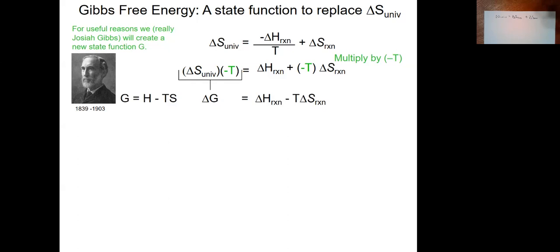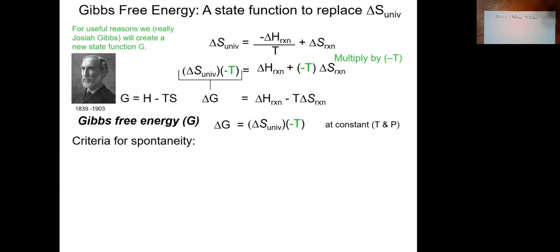And all of those subscripts are for the reaction. So if the second law of thermodynamics says delta S of the universe must be positive for a reaction to be spontaneous, and if delta G is delta S universe times negative T, then a positive times a negative means delta G needs to be negative for a reaction to be spontaneous.